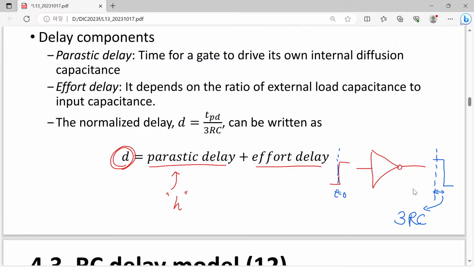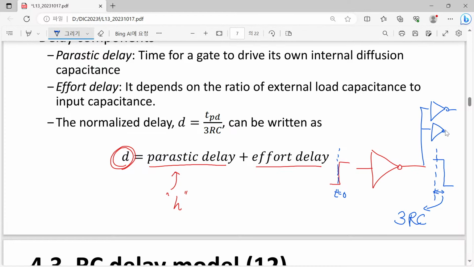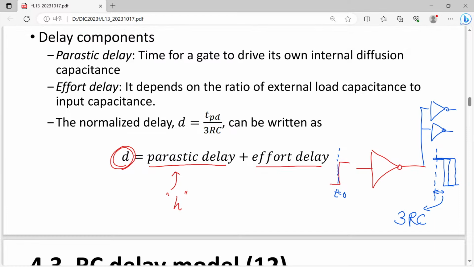It means that if we add more load here, another load here, then that will be postponed, and we have to wait for more time to have the transition.